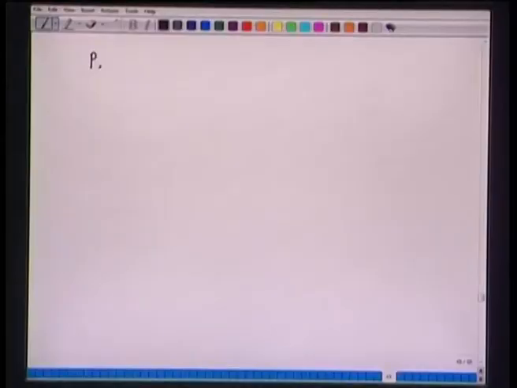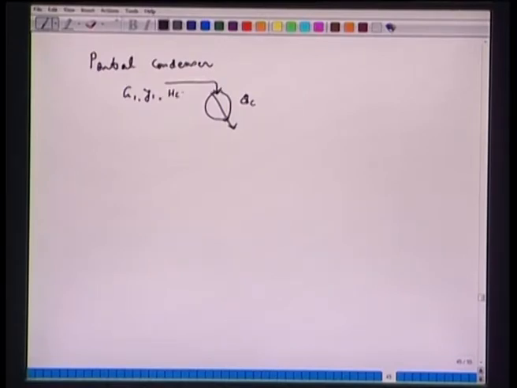So, we are continuing our discussion on distillation with partial condenser. We have this condenser, QC is a load here, and we have the vapor from the top plate. So, we can say G1 is the molar flow rate, Y1 is the mole fraction, and Hg1 is the enthalpy.